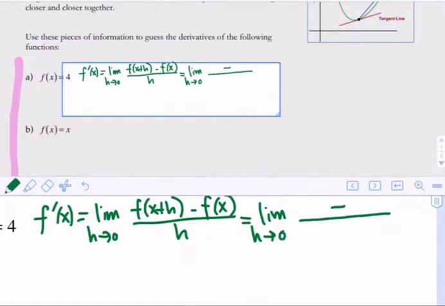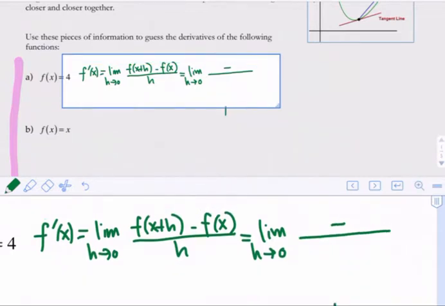Let's skip to the second part first. What is f of x? Well, f of x is 4. What is f of x plus h? Well, f of x plus h is also 4. F of anything is 4. So the top is 4 minus 4, and the bottom is still h.